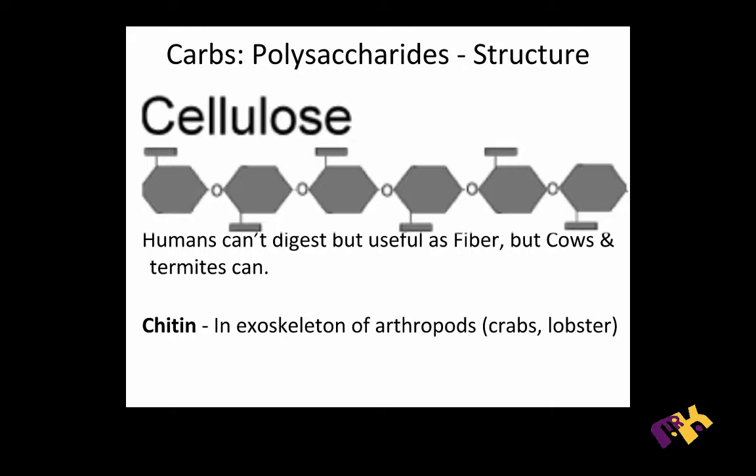And then chitin is actually like cellulose. It is a polysaccharide, but I think it's laid out like a starch almost, but it has an extra nitrogen group attached to it, and that makes it have the property of being like leather in its pure form. That builds the exoskeletons of insects and even small arthropods as well, like crabs and lobster.